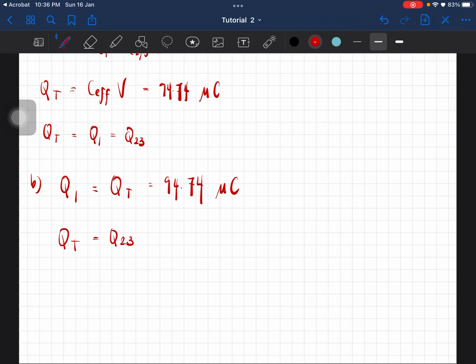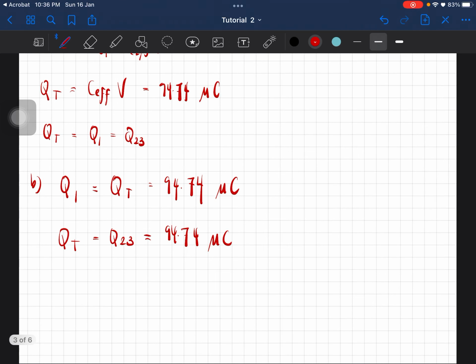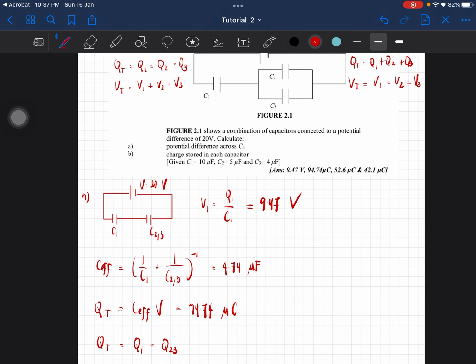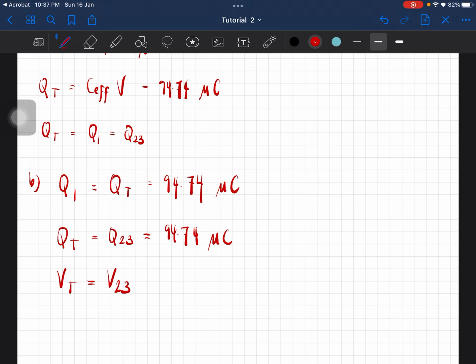Okay, so instead of doing that, we are going to find the voltage for capacitors 2 and 3. Okay, because remember V total should be equal to V1 plus V23.